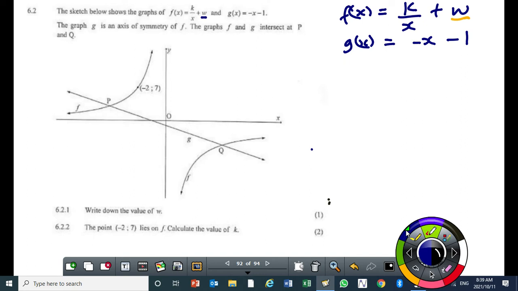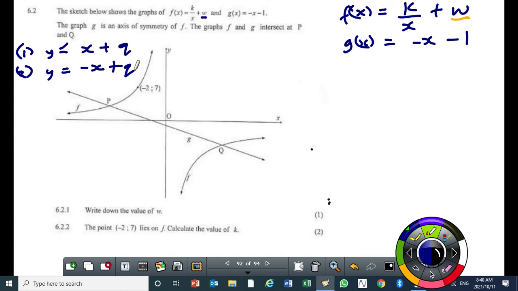The equations. The one with the positive gradient is y equal to x plus, okay, because this is grade 10, it's x plus q. Okay, based on the general equations that I taught you. Then the one with the negative gradient is y equal to minus x plus q.